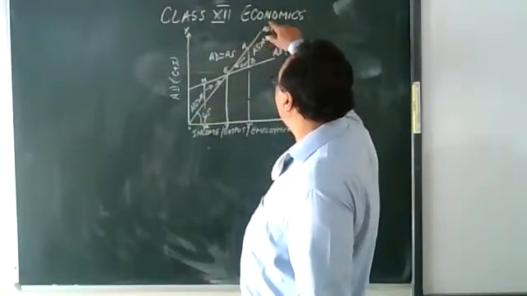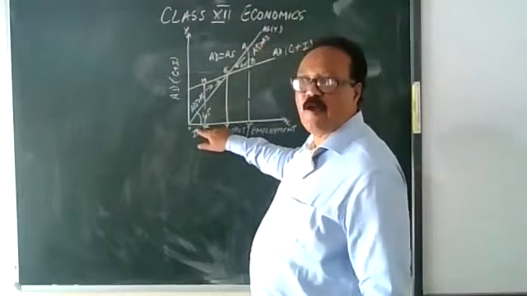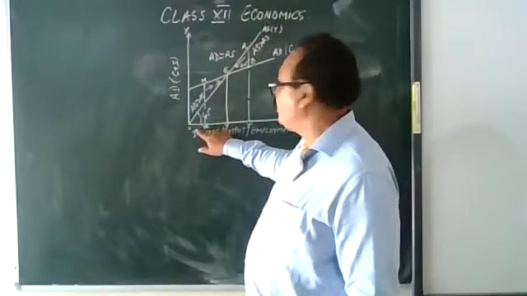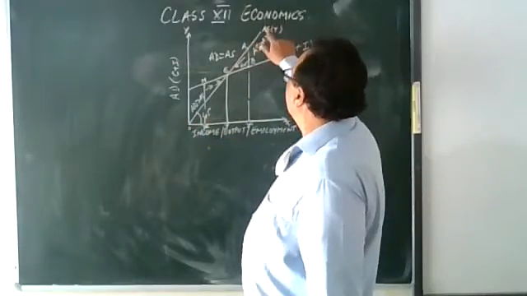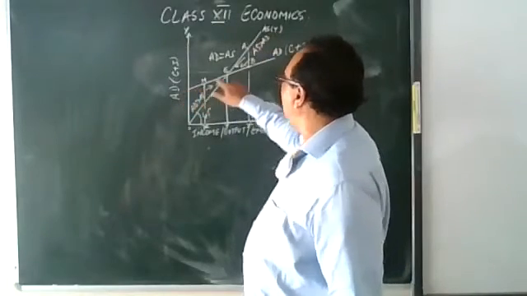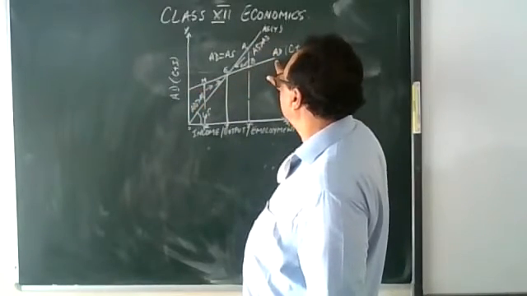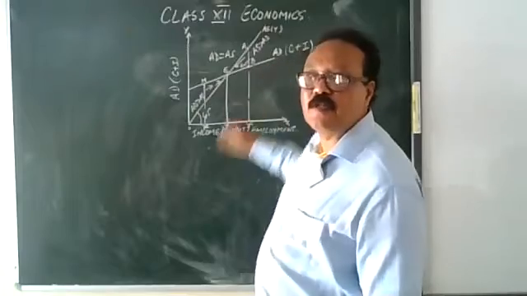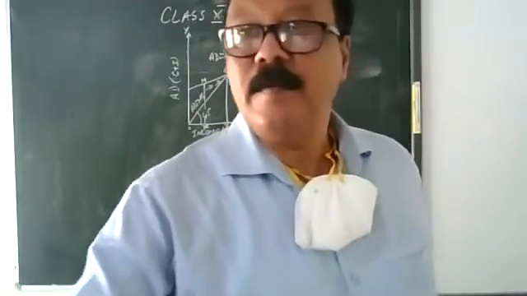We have the income line, which is AS, the 45-degree line, which has already been taught to you. And here we have this upward rising curve, which is AD, the sum of C plus I.